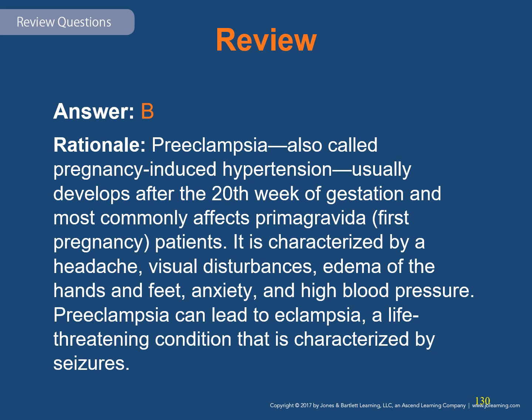Preeclampsia, also called pregnancy-induced hypertension, usually develops about the 20th week of gestation and most commonly affects primigravida, first pregnancy patients. It is characterized by a headache, visual disturbances, edema of the hands and feet, anxiety, and high blood pressure. Preeclampsia can lead to eclampsia, a life-threatening condition that is characterized by seizures.